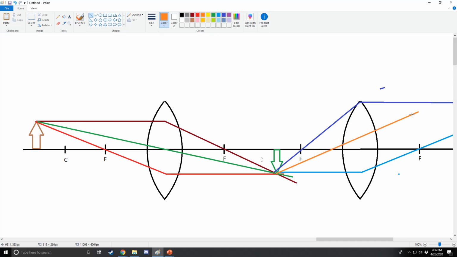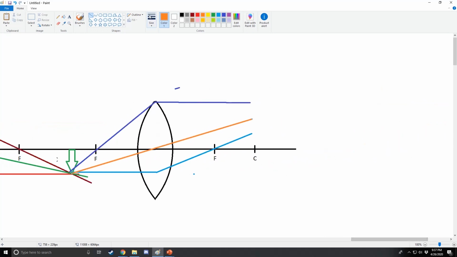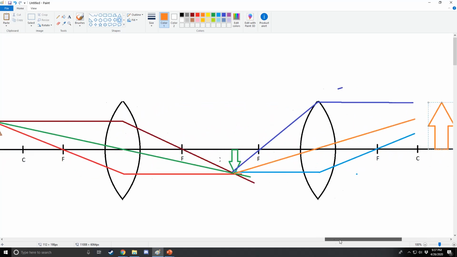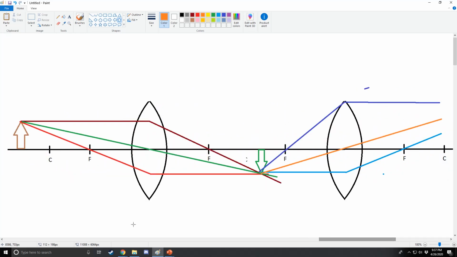That is something I should point out: currently the focal lengths that I've drawn are exactly the same for these two lenses, and that is going to create an image somewhere around here. So this is kind of what I'm getting, again something very similar to what I got last time.